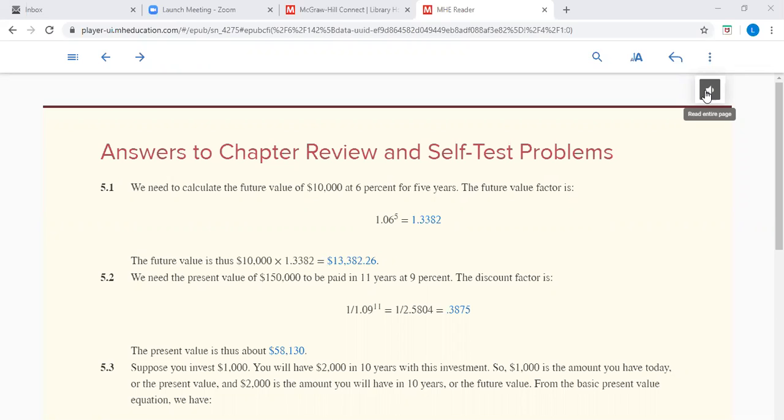Now in the second problem, it says, suppose you have just celebrated your 19th birthday. A rich uncle has set up a trust fund for you that will pay you $150,000 when you turn 30. If the interest rate, or what we call relevant discount, on this trust is 9%, how much is it really worth today?